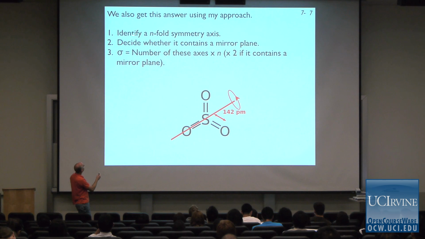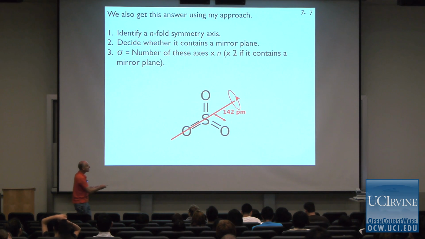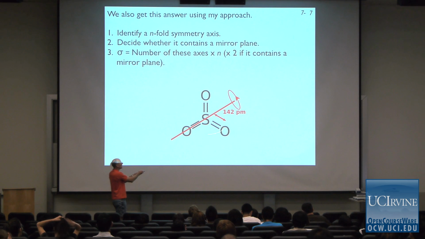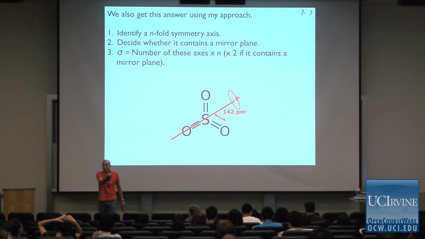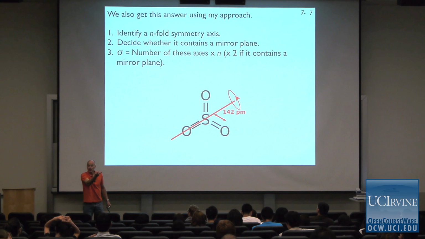What we do is we identify an n-fold symmetric axis. What does that mean? Well, here's an axis for SO3 that's 2-fold symmetric. I say it's 2-fold symmetric because I can do a 180 degree rotation of this guy and I get the same orientation. So it's a 2-fold symmetry axis.